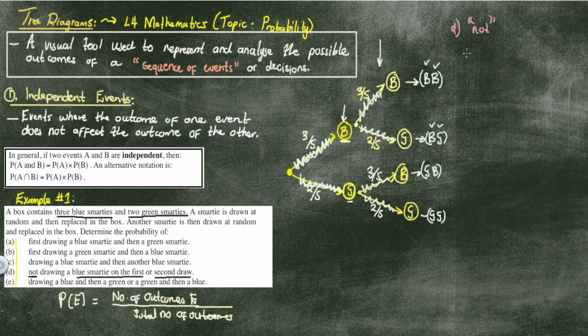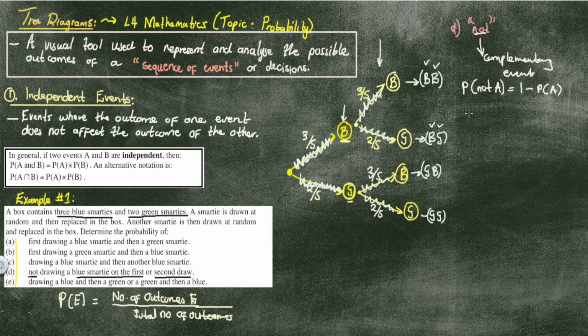I did share a formula: it's a complementary event. The probability of not A, or any other event, is equal to 1 minus the probability of A.